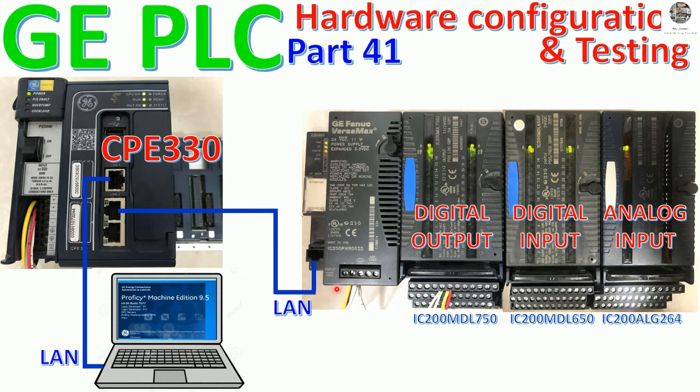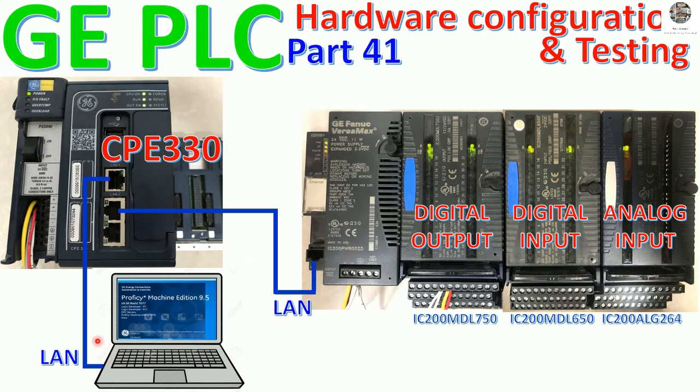In the previous video we already learned how to configure and add this module to the CPE330 by using Proficy Machine Edition version 9.5, connected with the remote IO via LAN cable.